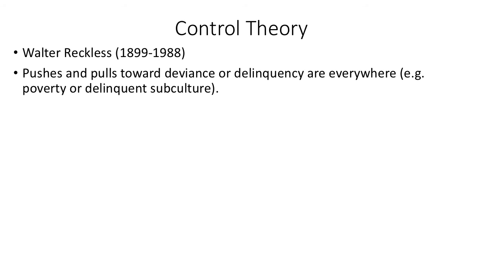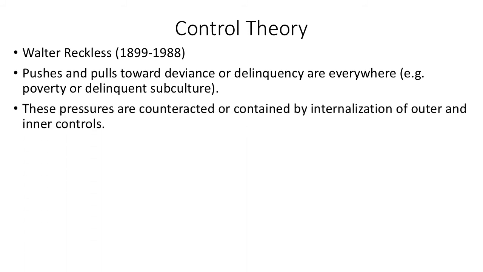These pushes and pulls might include things like the conditions of poverty or exposure to delinquent or criminal subcultures. And so these pressures to deviate are counteracted or contained by the internalization of controls. He said there were inner and outer controls.